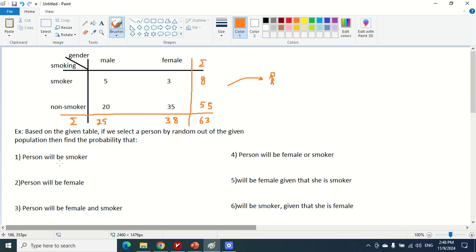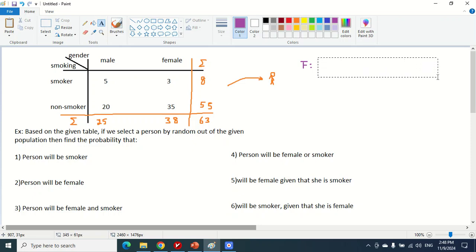As you can see, the probability that the given person is a smoker, female, a smoker and female, a smoker or female, or some conditional probability over here. Before I continue the question, I want to name two events over here. One event that I define by F means the event of being female.